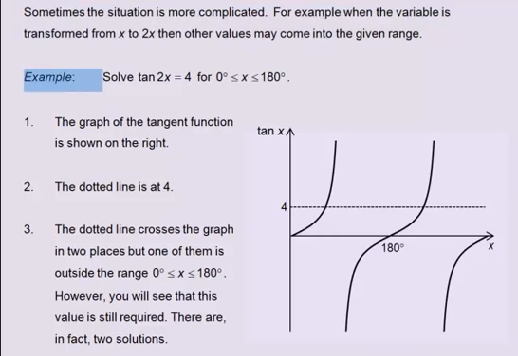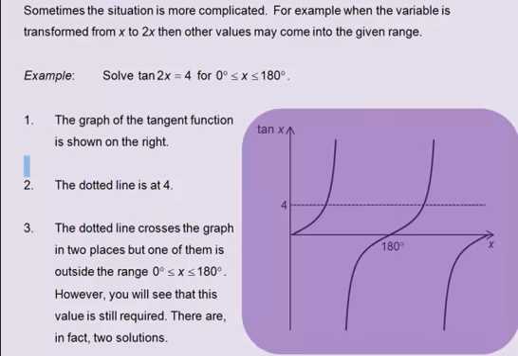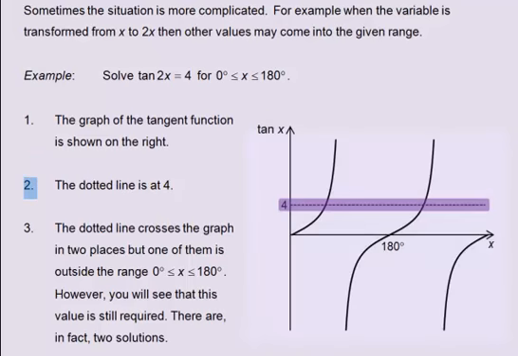Example. Solve tan of 2x equals 4 for x greater than or equal to 0 degrees and x less than or equal to 180 degrees. 1. The graph of the tangent function is shown on the right. 2. The dotted line is at 4. 3.